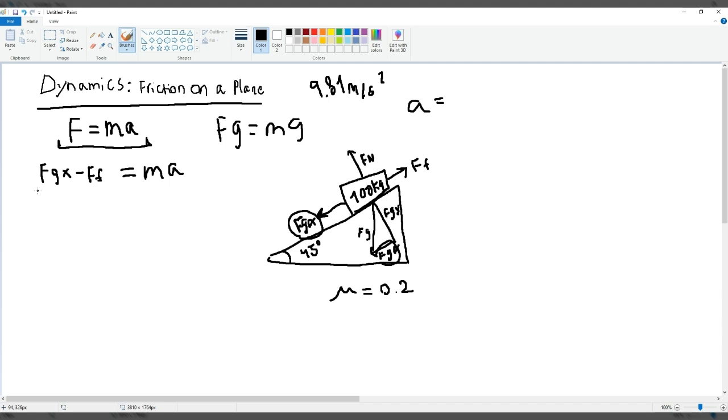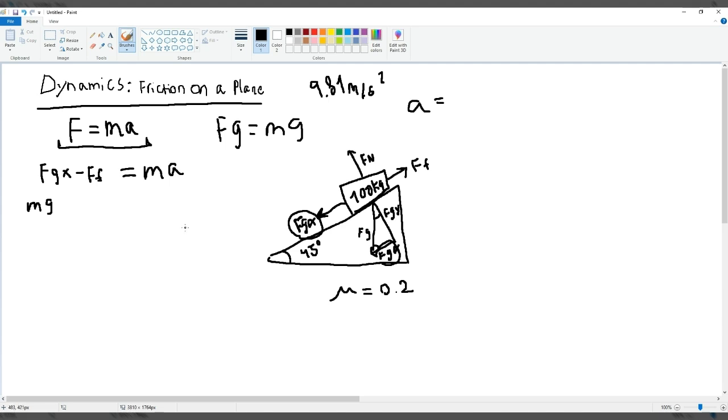So Fgx would be the mass, so 100 kilograms, times the acceleration of gravity, which is 9.81, times the sine of 45, because we are trying to find the Fg in x, and we know that this angle is equal to 45. This Fgx is the side that's opposite to the angle, so sine, right?